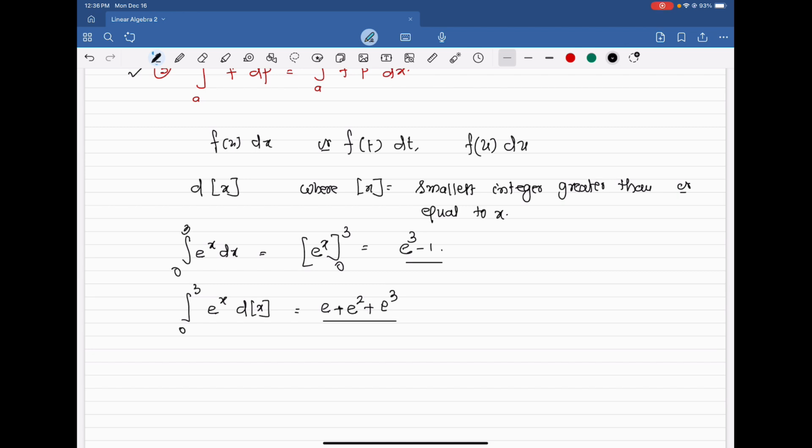You see the difference between the values. This value differs from this value. With ordinary dx, it is e cube minus 1. With the smallest integer function dx, it is e plus e square plus e cube.